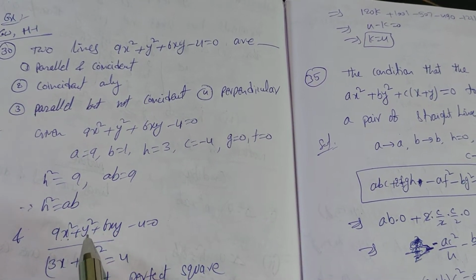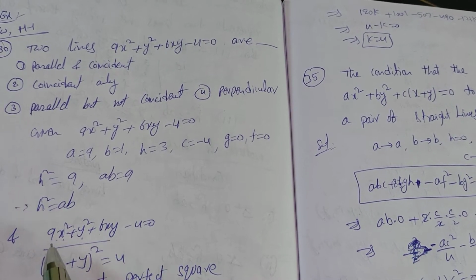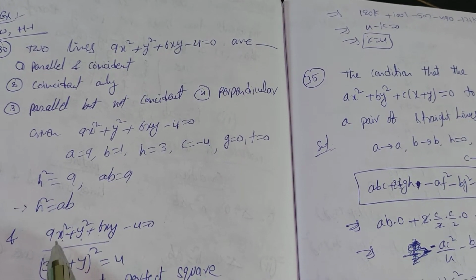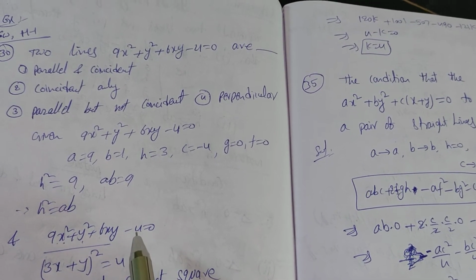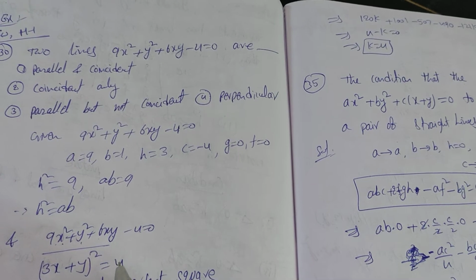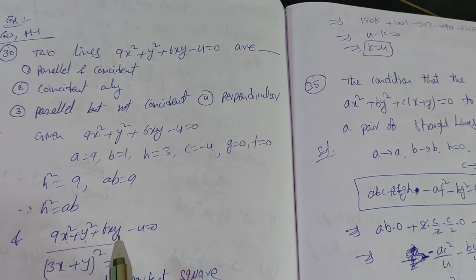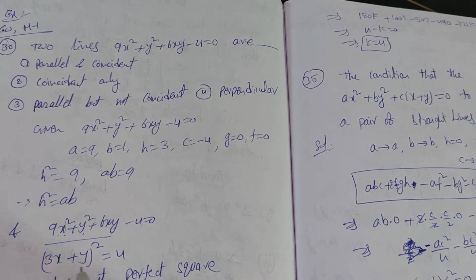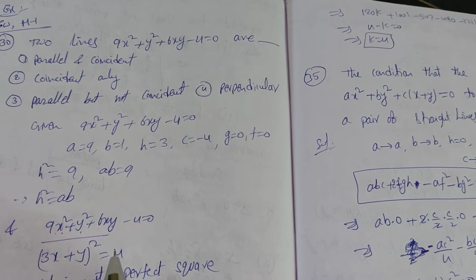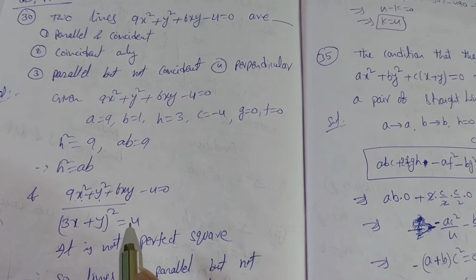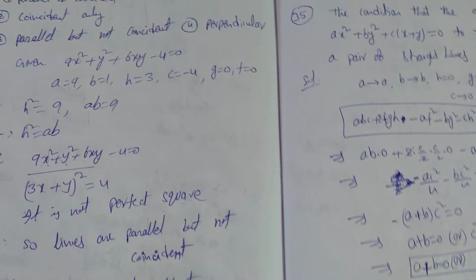That means it is in the form of a² + b² + 2ab. The 6 we can write as 2 into 3. So that 3x, this is (3x)². So you can write as (3x + y)², and we have left over 4. With this 4 we cannot write it as a perfect whole square. Without this 4 you can write as something whole square. That means total it is not a perfect square, which means the lines are parallel but not coincident.